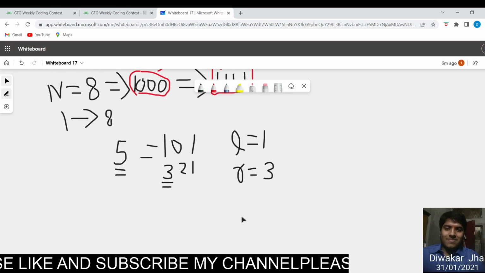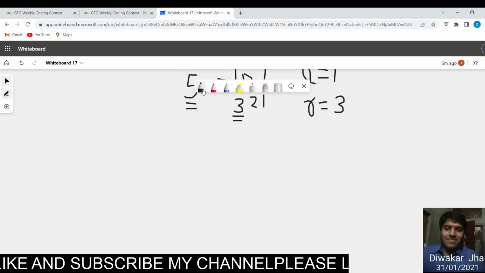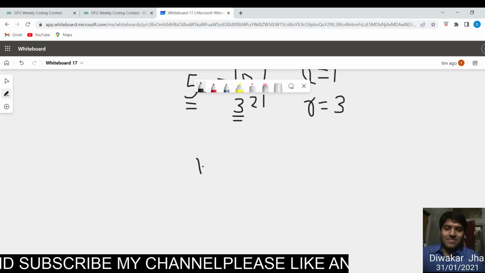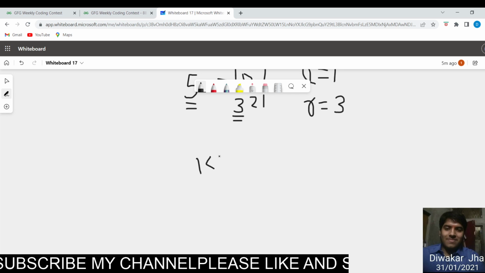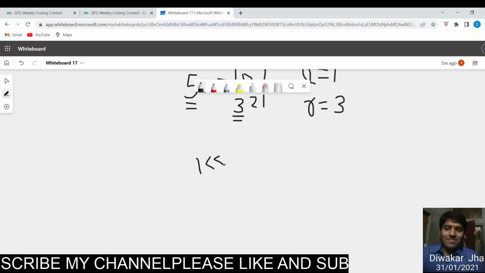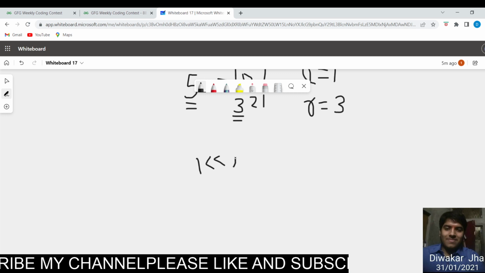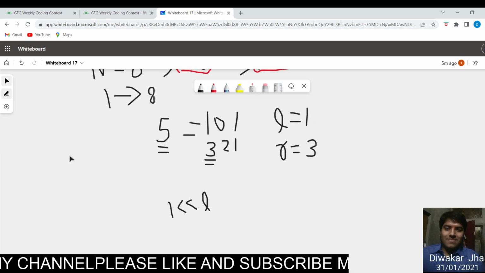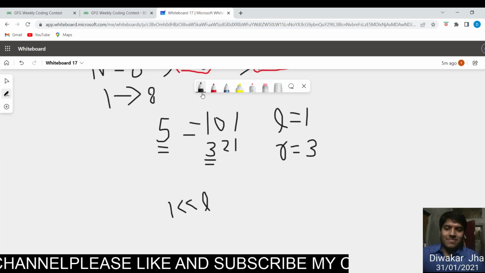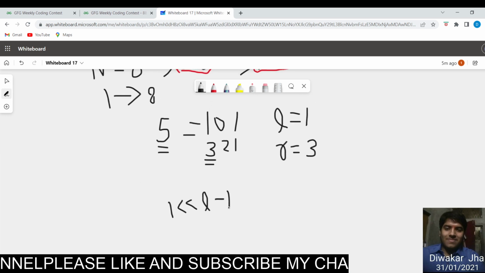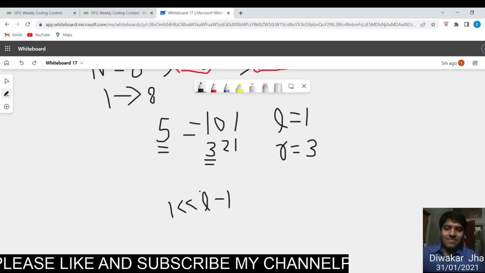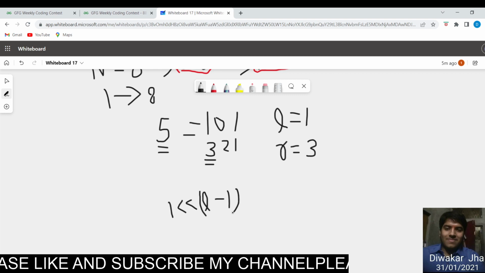So what you will do is left shift 1, L times, by L minus 1. This is the formula, if you consider it like this.